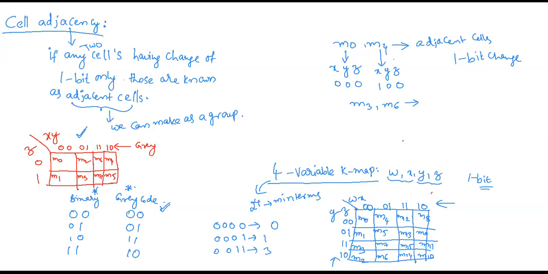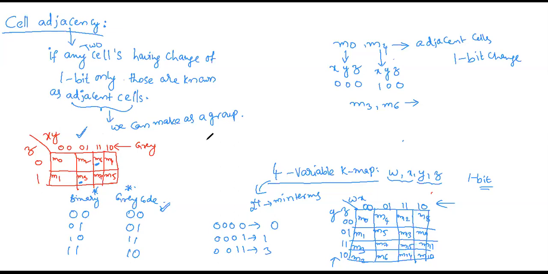M3, comma M6, adjacent cells or not in three variable K-map? This is M3, this is M6.